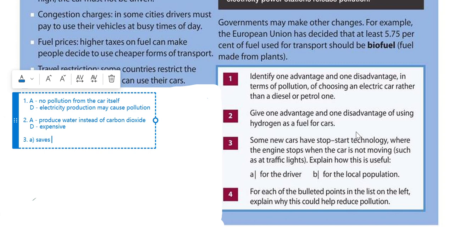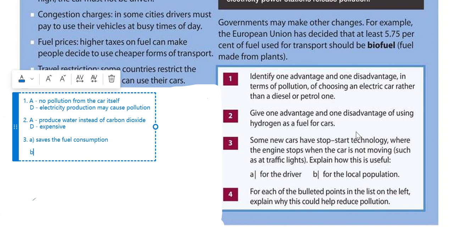It saves fuel consumption. Then for B, in terms of local pollution, it produces less pollution. Is that clear? Yeah.